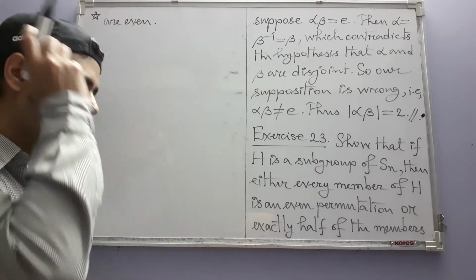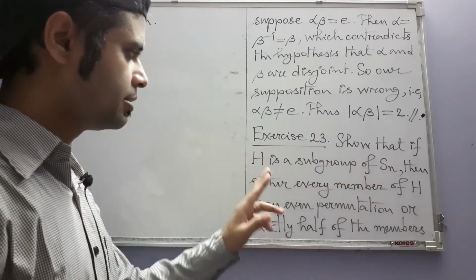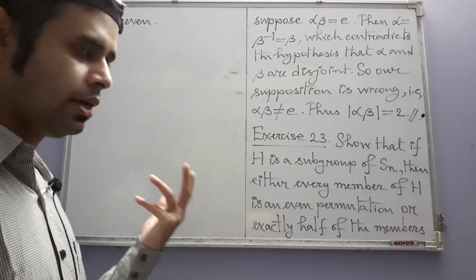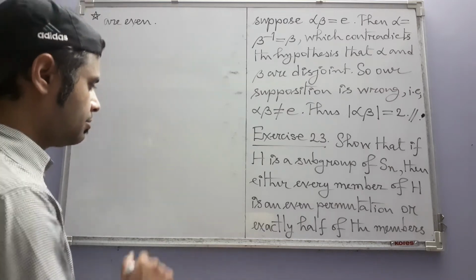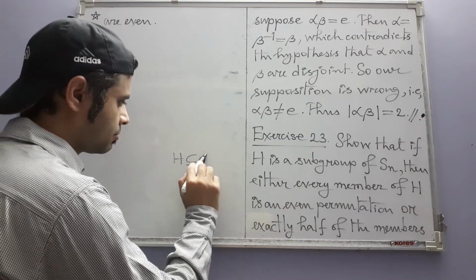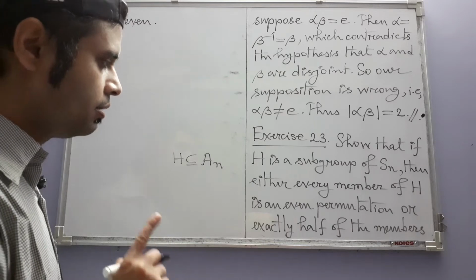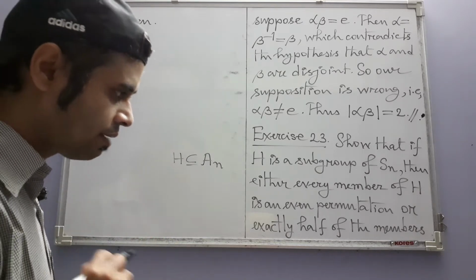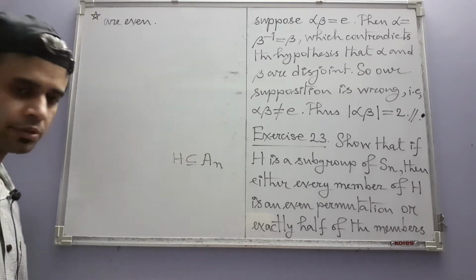Okay, so that means we have the symmetric group of degree n, Sn, in which H is a subgroup. Then either H has only even permutations, that is, H is a subgroup of the alternating group An, or if H has odd permutations, then exactly half of the permutations are odd and the other half is even. That's what we have to prove.